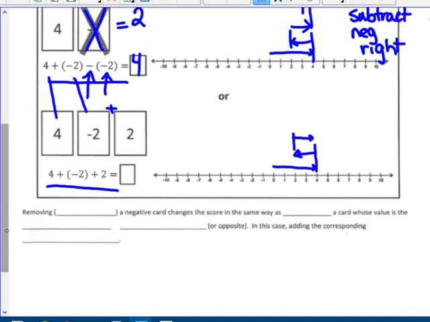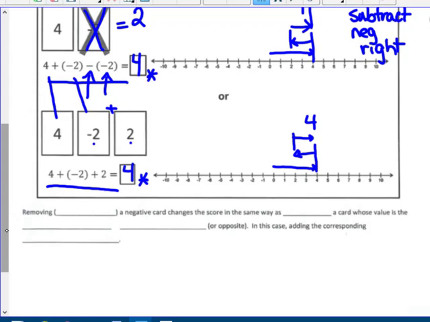Adding a positive 2, I'm going to get to 4. These have the same result. Adding a positive 2 and subtracting a negative 2 have the same result. I still get 4. Because I know that these are opposites, right? Negative 2 and positive 2 are going to combine to make 0, so I'm going to have 4.